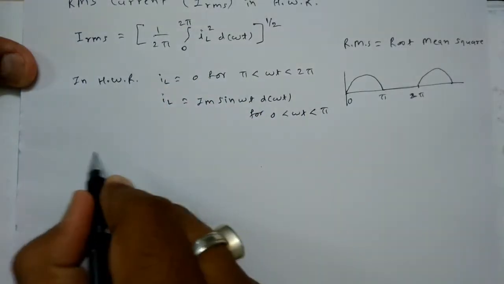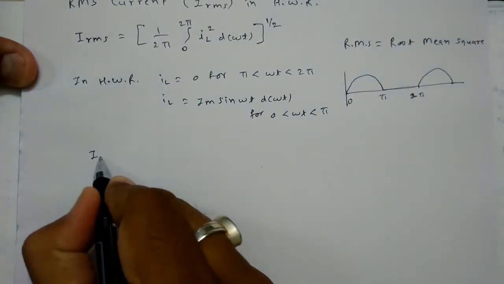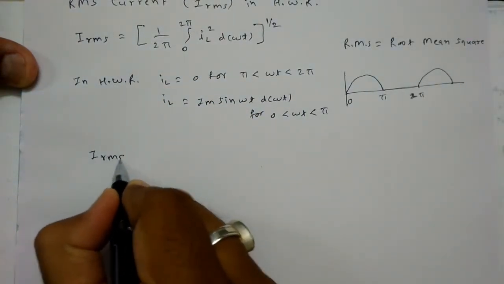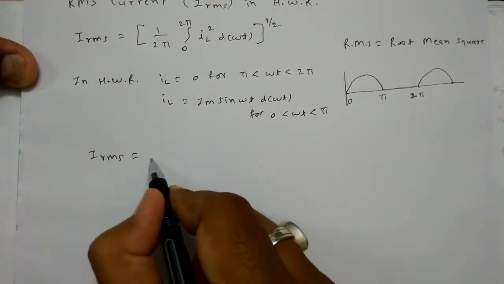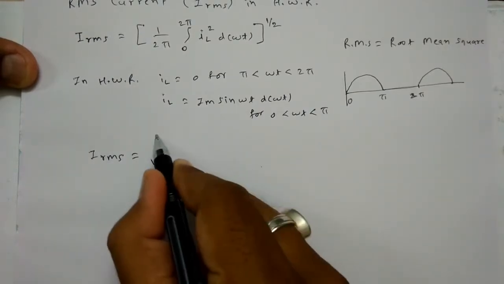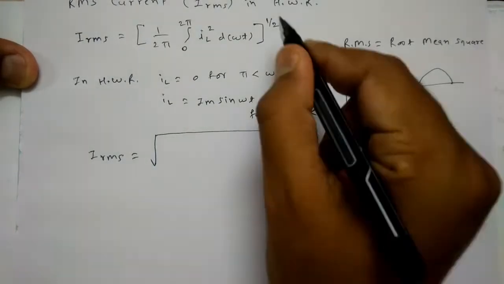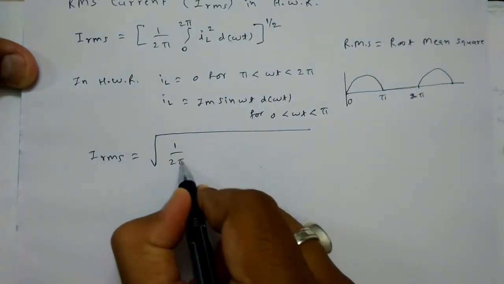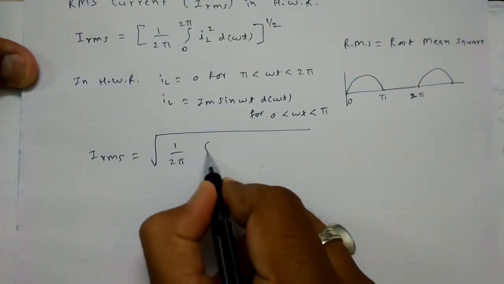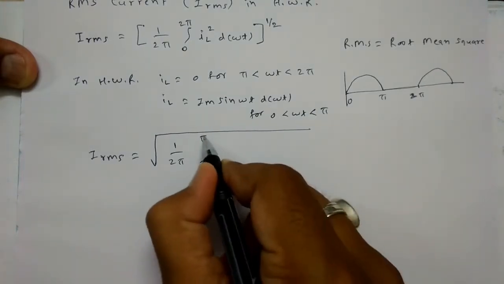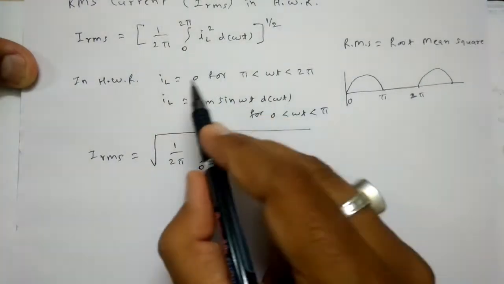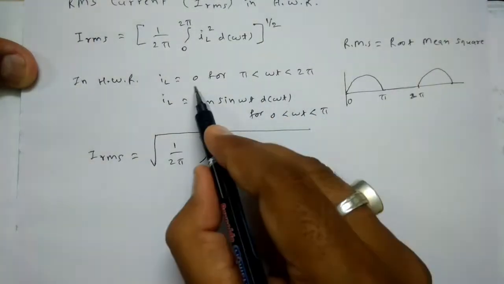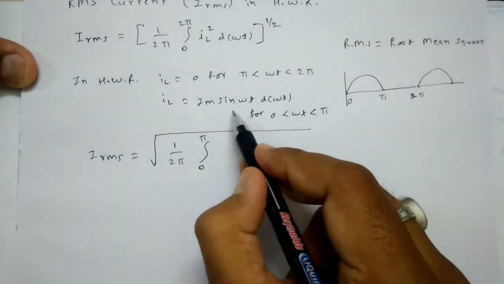Okay. So that's why the equation is now becoming IRMS is equal to, now this whole thing is under square root because we are having this term, right? Now 1 upon 2 pi. Now the limit is we are taking from 0 to pi only, because from pi to 2 pi it is 0, that's why I am only taking this term, right?